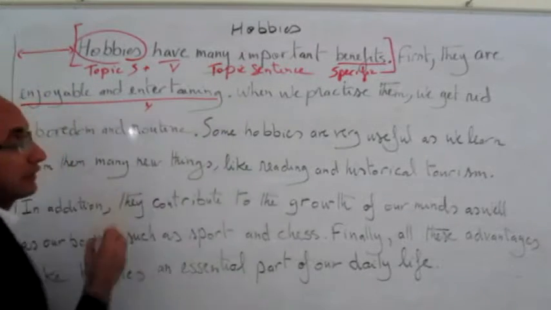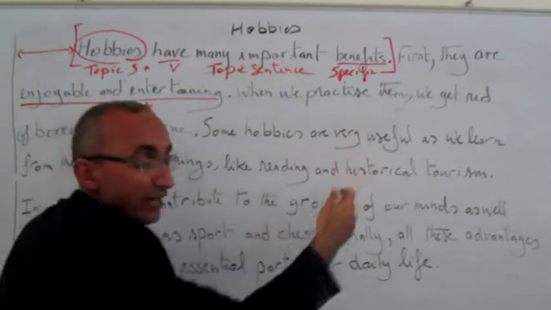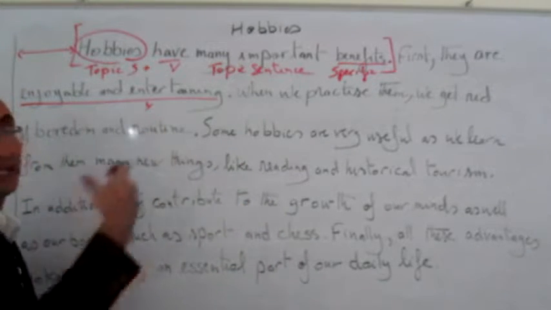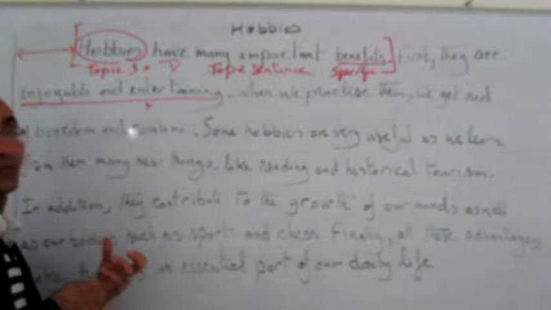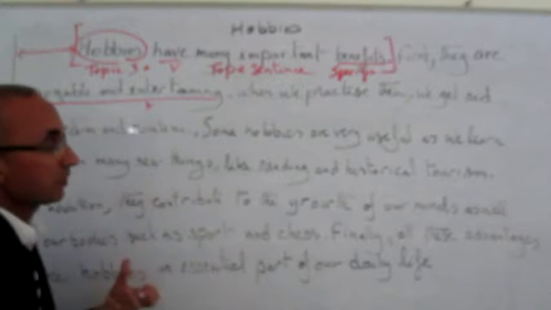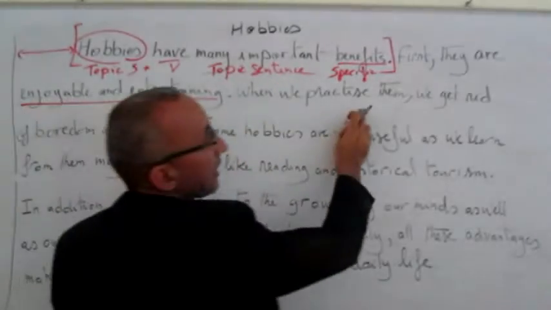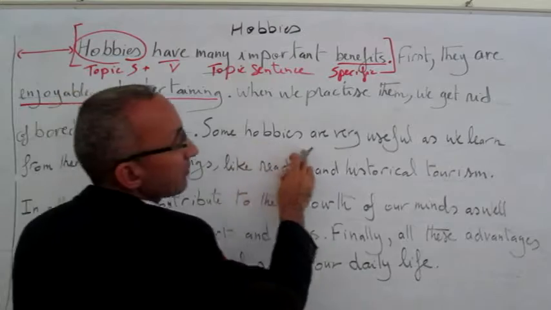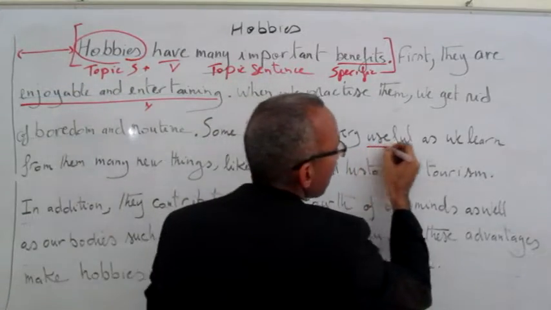It's number 1, clear. Then explain. Whenever I introduce one major idea, I reinforce it with details, explanation, examples, and so on. When we practice them, we get rid of boredom and routine. Some hobbies are very useful. Also, number 2, of the benefit.